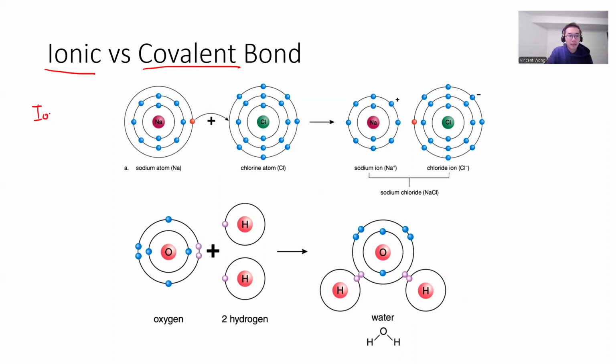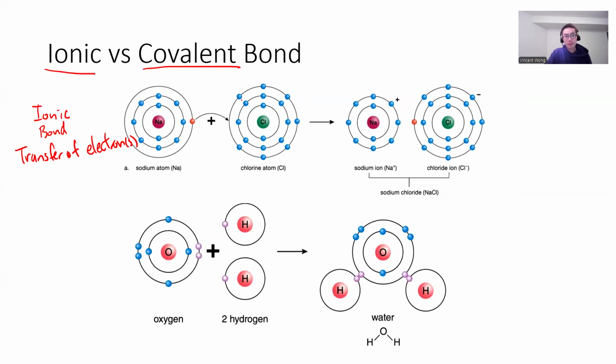In an ionic bond, what happens is there is a transfer of electron, or more than one is possible as well. For a reason we're not going to go into, because you will learn it in more detail in chemistry, metals tend to want to give away electrons. So sodium is a metal, it wants to give away an electron.